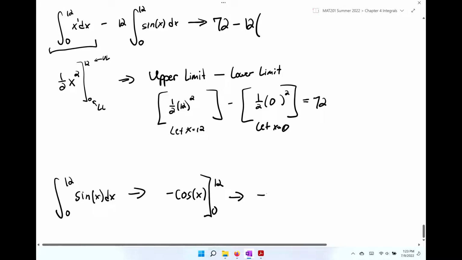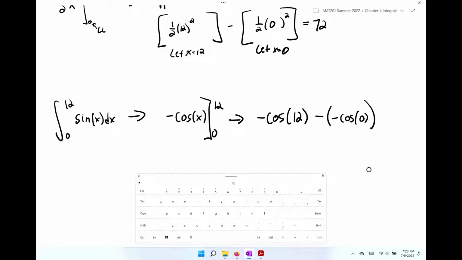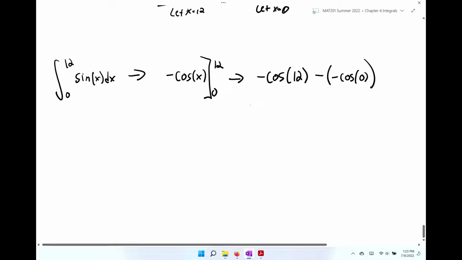So we get negative cosine of 12 minus negative cosine of 0. This is going to be, oops, don't know what happened there. So this gives me negative cosine of 12 plus 1.